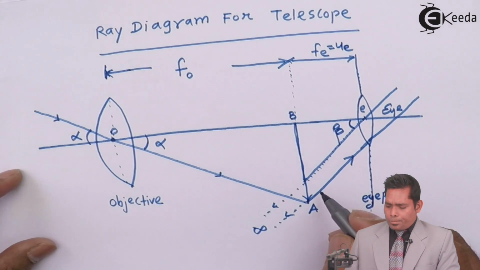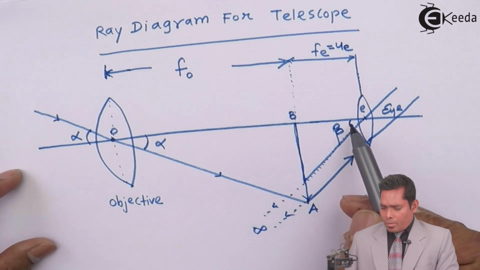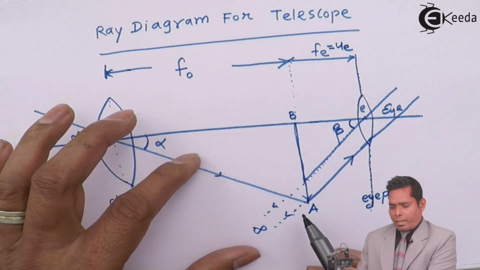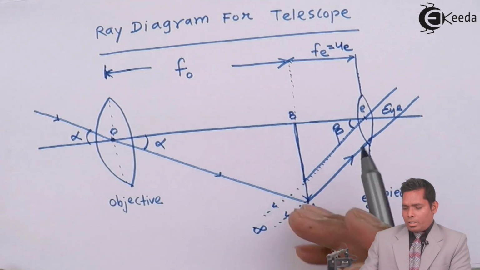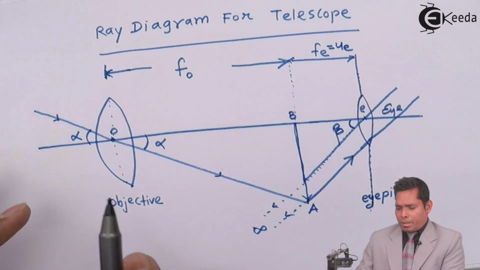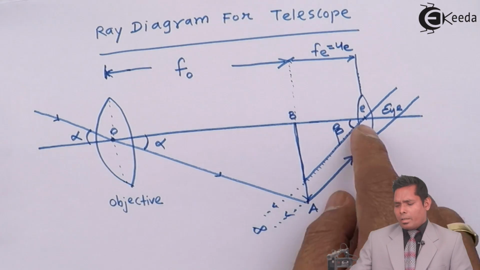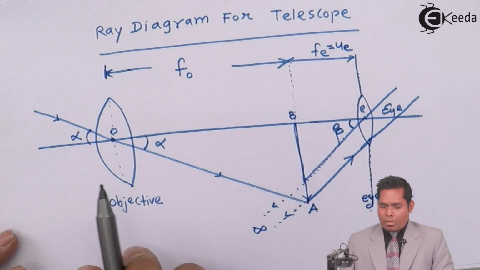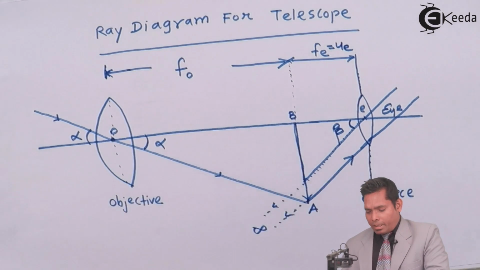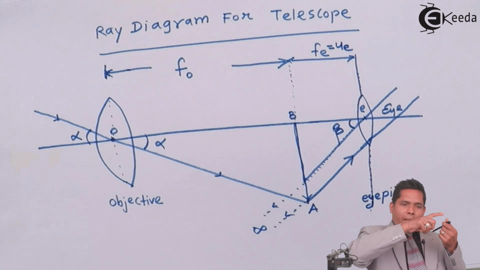I will say that this object or the image, final image, if you take infinity as the final image, then if this goes backward, then wherever the final image is formed, that will project the same angle beta. And whatever is the size of that image, obviously it will be bigger than this BA. Suppose this is BA, now it will be much bigger than that, but the angle will be the same.